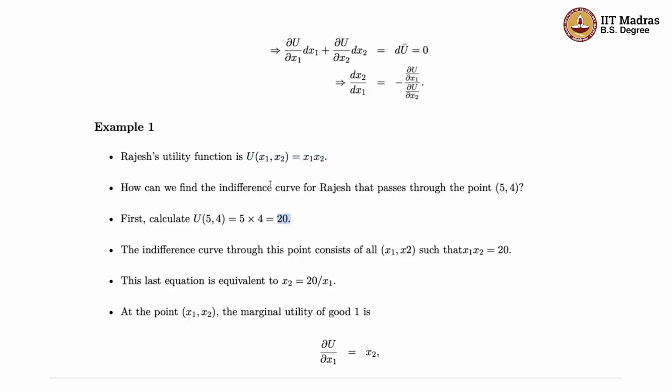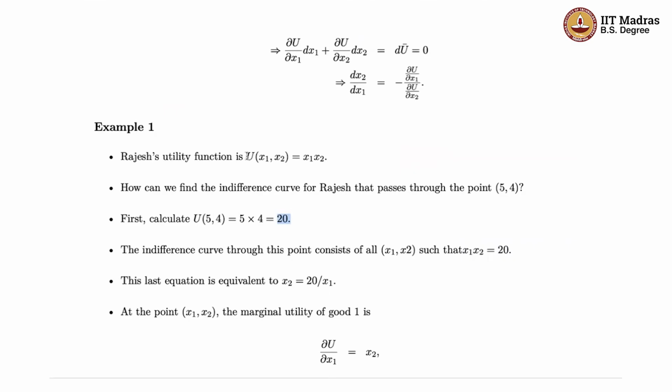So what is the set of points x1, x2 that gives Rajesh the same utility? That's all the x1 and x2 such that x1 multiplied by x2 is equal to 20. This 20 is the utility that Rajesh was getting. This is equivalent to x2 = 20/x1, and this is nothing but the equation of a rectangular hyperbola.